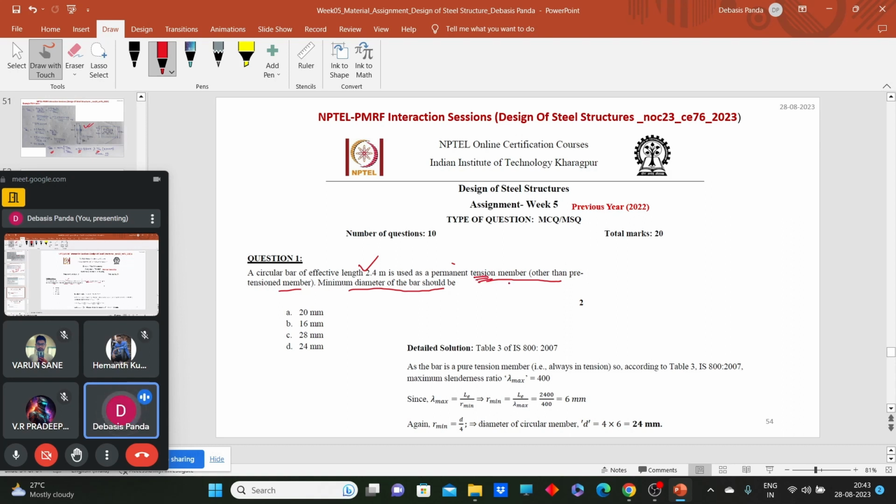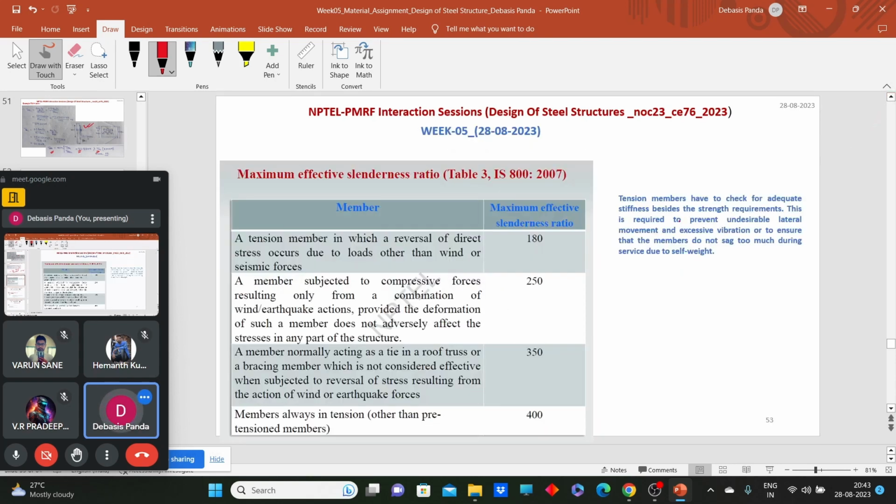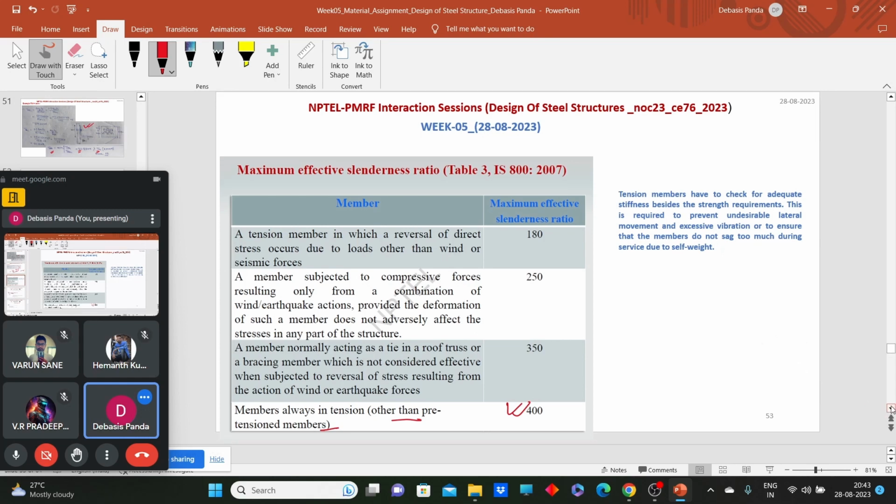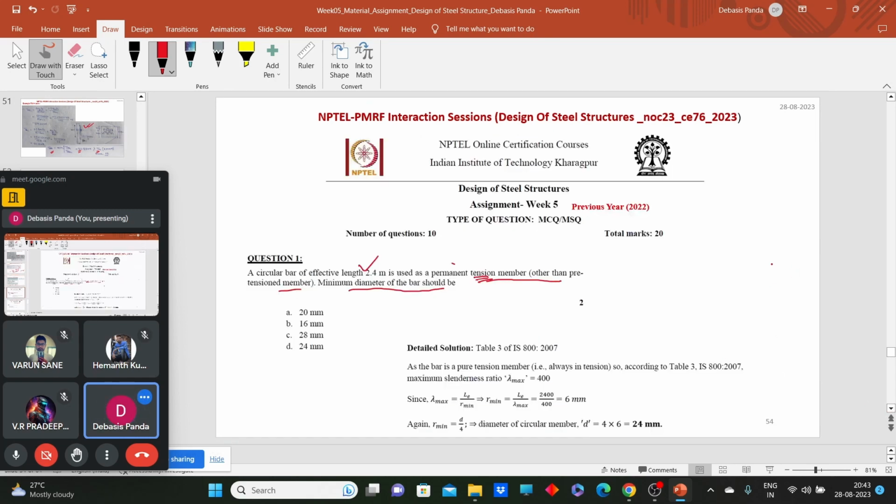This is a permanent tension member other than pre-tension member. So what should be the value of the slenderness ratio? 400, for a member always in tension other than pre-tension. So lambda max, the maximum slenderness ratio, is equal to 400.